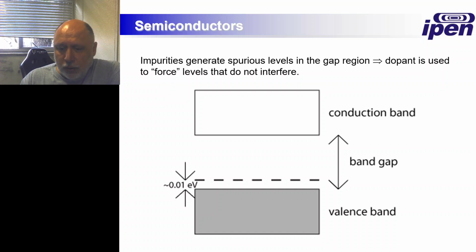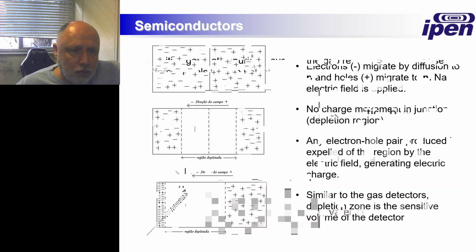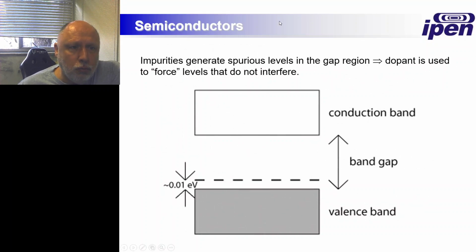There are still some detectors where we need it. We put something to create our own levels there, which are expected and will not harm the way the detector works. Nowadays, for instance, for germanium, we have reached a level of purification where that's not needed anymore.